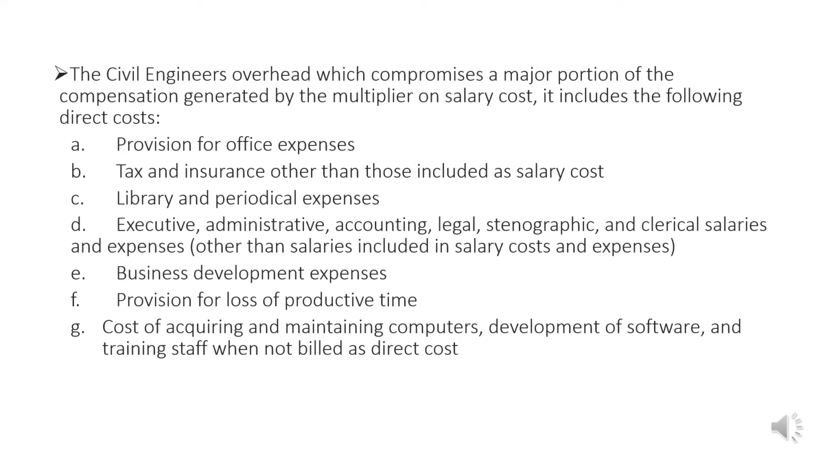D. Executive, administrative, accounting, legal, stenographic, and clerical salaries and expenses, other than salaries included in salary costs and expenses. E. Business development expenses. F. Provision for loss of productive time. And lastly, cost of acquiring and maintaining computer software development and training staff when not billed as direct cost.